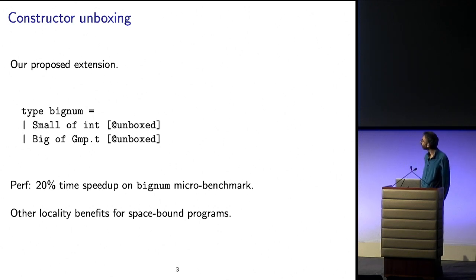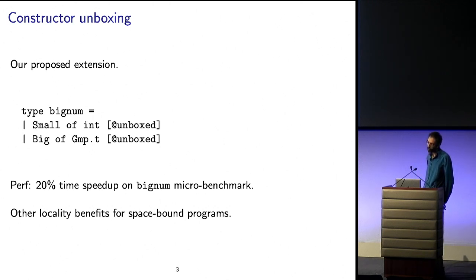So here is the killer example, a bignum type that is either a small integer, OCaml uses machine size integers, or a big number as implemented by the GMP library. And it's useful to have these two cases because GMP has still a fair amount of overhead, it's very fast, but still, compared to machine integers, it's slow.